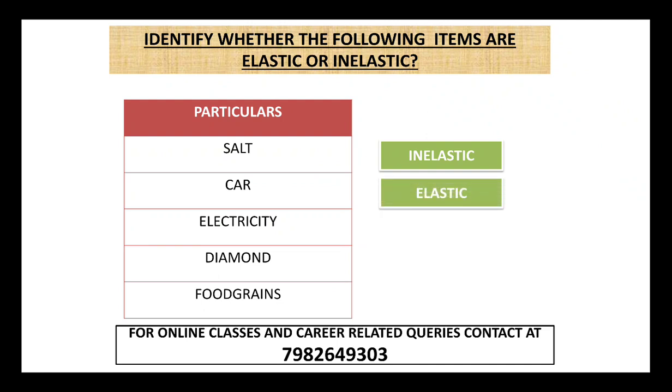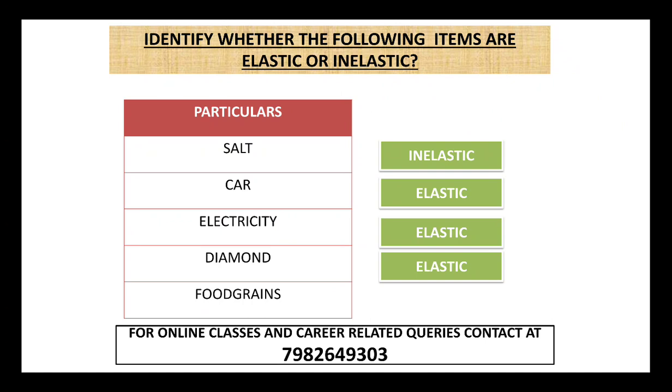Electricity is one which we cannot postpone, it is basically required, so we can say that it is elastic in demand. Next we have diamond, again a category of luxury, so it has elastic demand.